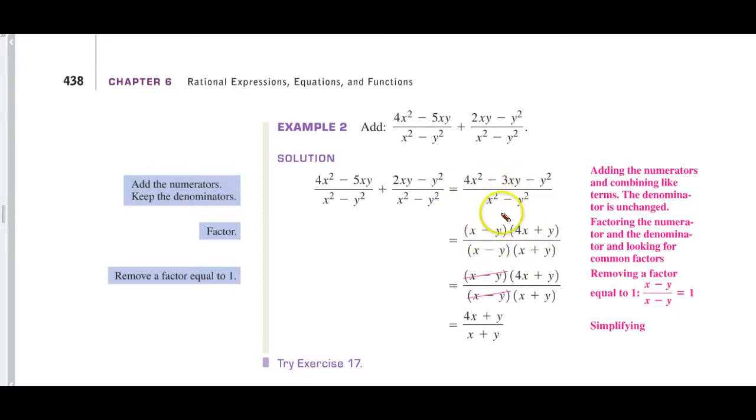And as you see here, the top can also be factored. So the way they set it up, you cancel out your common factors and you end up with your answer. Again, you can't cancel these y's or the x's because these are terms. You can only cancel common factors, that this over this is equal to 1. Anything divided by itself, so long as it's not a 0, is a 1.